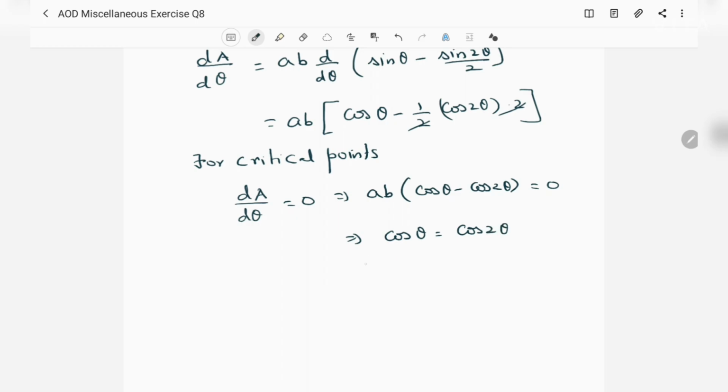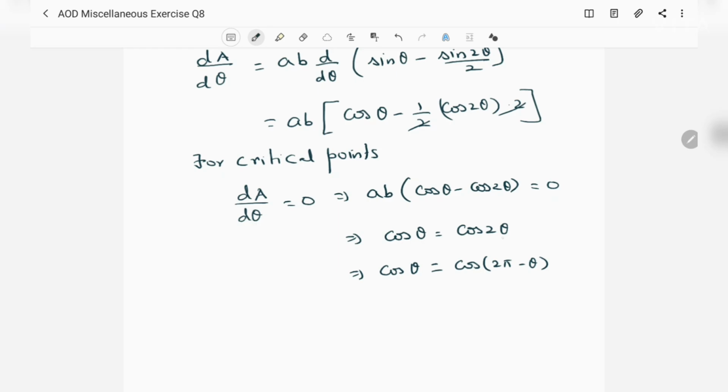And this is only possible when we write cos 2 theta as cos of 2 pi minus 2 theta.